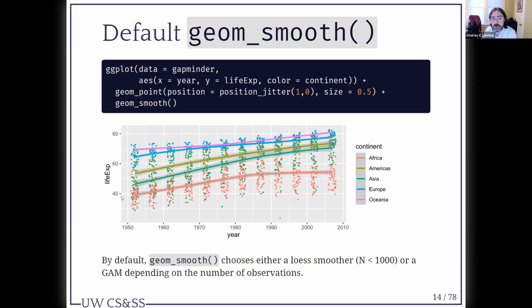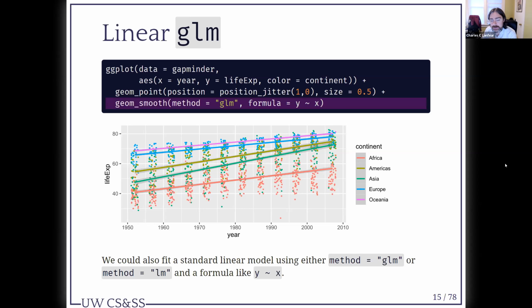But these things sort of just arbitrarily bend however they want. We might say instead, what we want to do is force these lines to be straight lines. Well, as it turns out, a generalized linear model or standard linear model is a straight line drawn through your data. If you want to make a straight line drawn through a bunch of stuff, you use a linear model, okay? So I say geom_smooth, but now I give it some arguments.